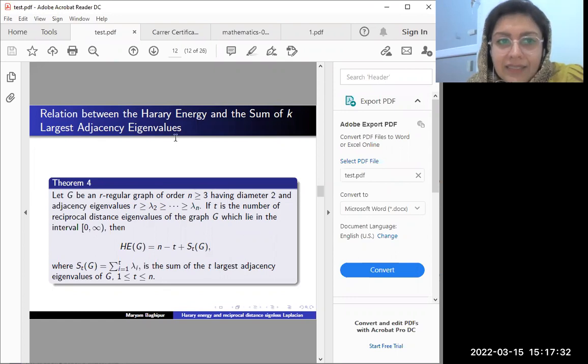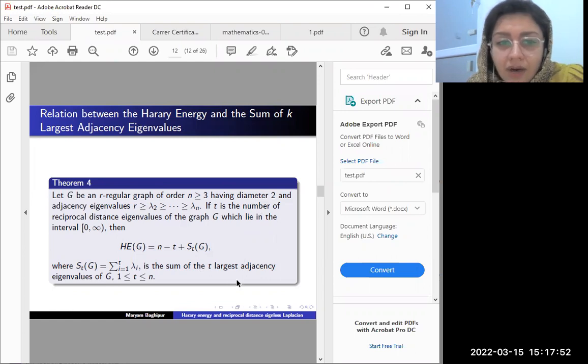For reciprocal distance, the sum of eigenvalues is zero, and t is the number of eigenvalues that are positive. We prove a relationship between Harary energy and the sum of the t largest adjacency eigenvalues.